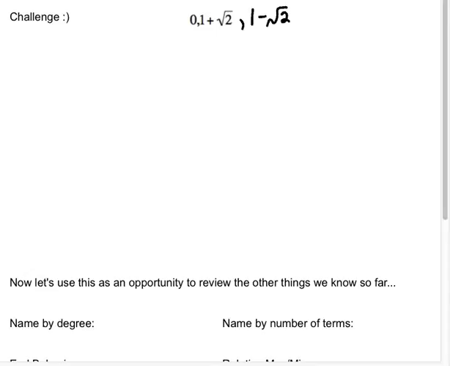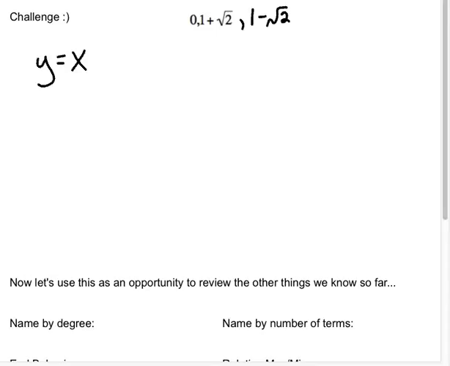Because before, we only had like 3i or square root of 5 or something like that. Here, we have the whole thing, okay? 1 plus square root of 2, 1 minus square root of 2. So this gets a little bit more complicated when you go to write this out, okay? Because when you go to write the factors, the first one is just an x.